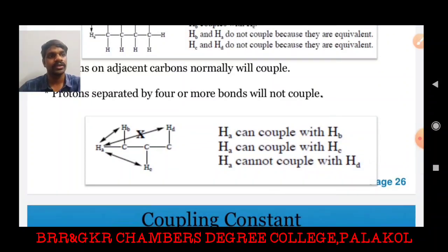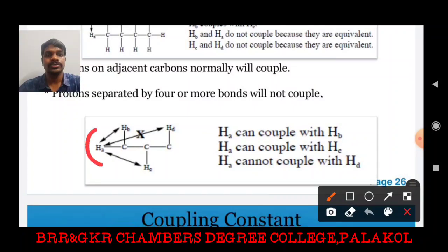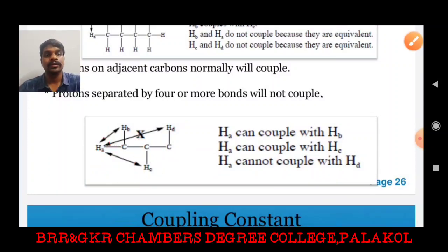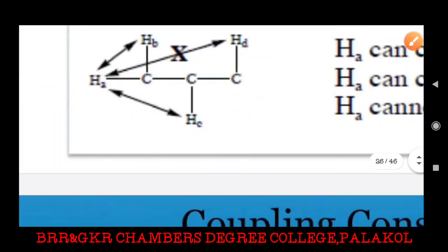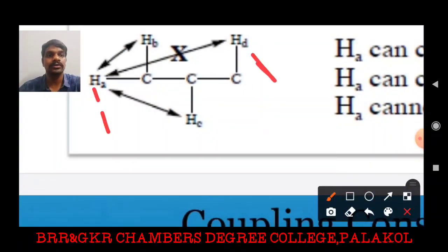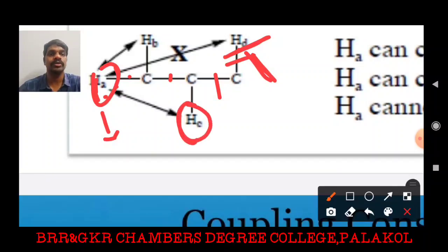That means here this hydrogen interacts with this hydrogen only, but not this hydrogen atom, because the number of bonds between this hydrogen and this hydrogen is more than 3: 1, 2, 3, 4, so the interaction between H2 and HD is not possible. And the interaction between H2 and Hc is possible because the number of bonds between these two atoms is 1, 2, 3. Okay, students.